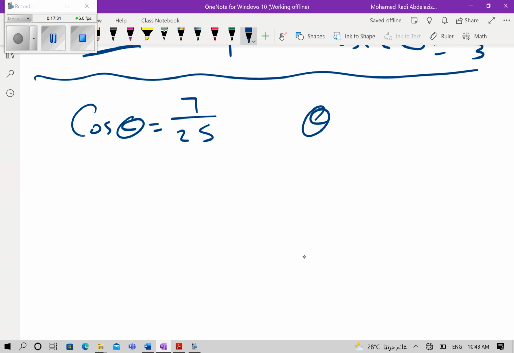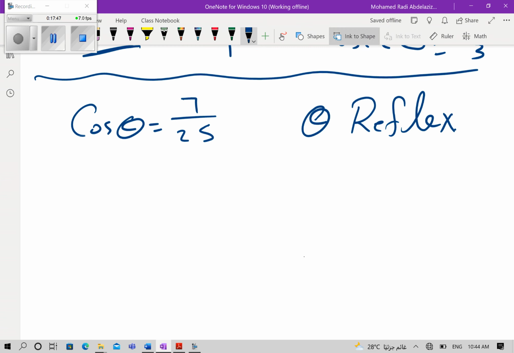Where theta is reflex. How to get the other trigonometric ratios without using the calculator? If it is given one trigonometric ratio, use the right angle triangle.